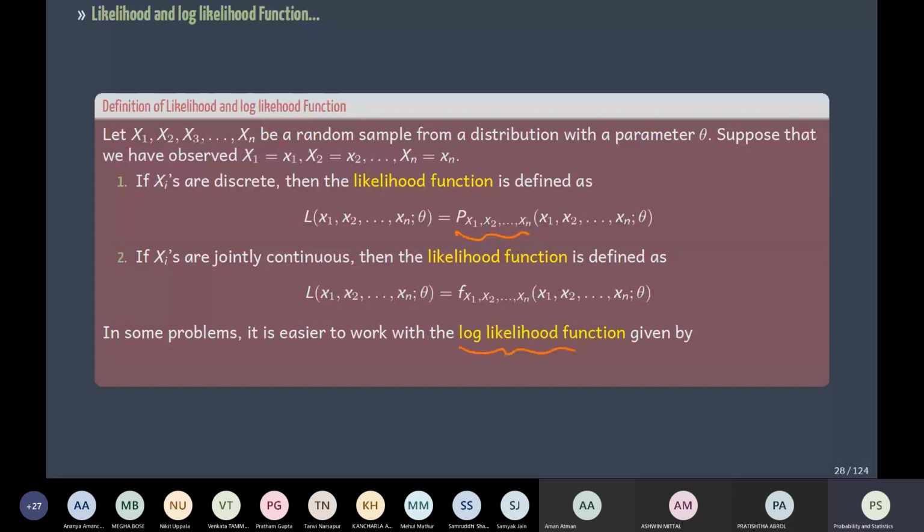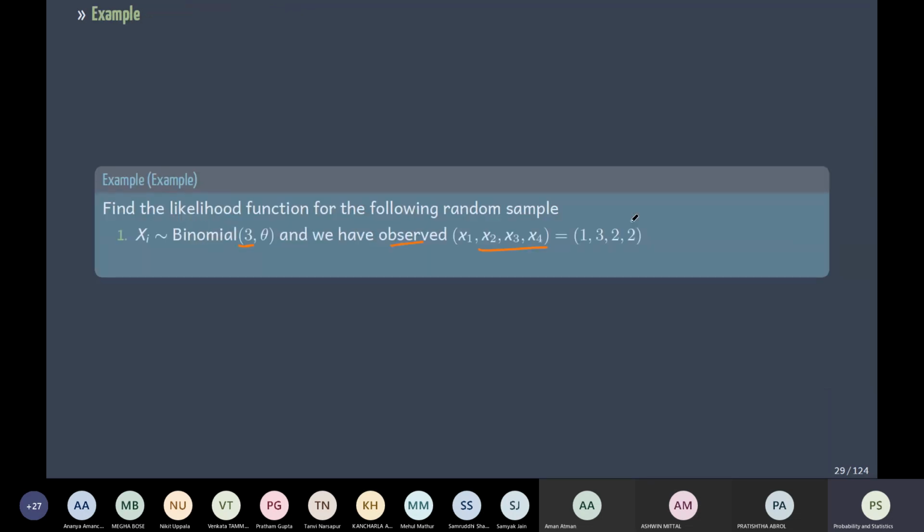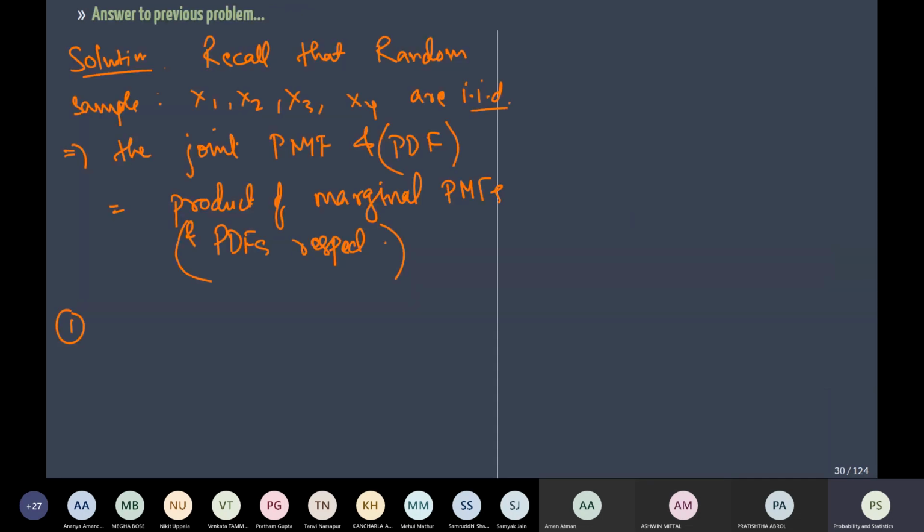Theta will just pop up, because theta is a parameter of the distribution itself. While I'm writing the marginal, theta is there in the marginal itself, so it will show up in the product also, in the joint.